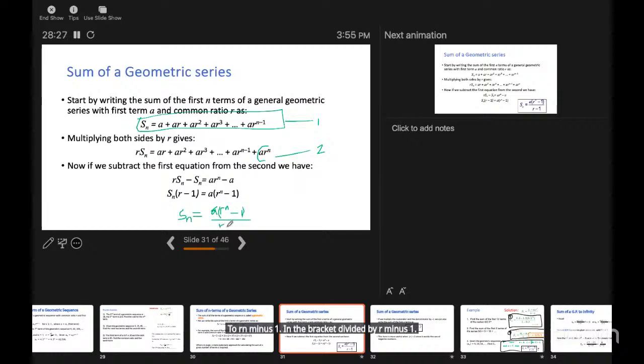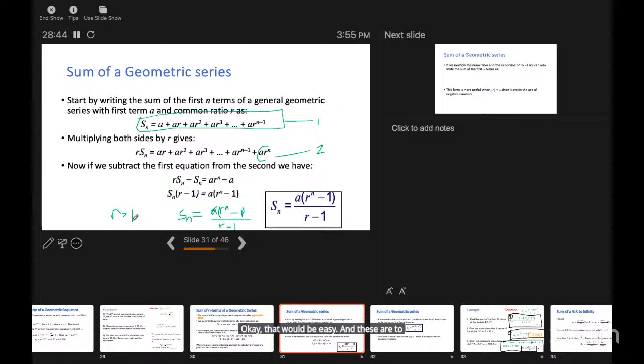So this is the formula that we use when R is greater than 1, when the common ratio is a positive number greater than 1. This is the formula that we'll be using, and this is how to derive that formula. And that is what is written here. Sn is equal to A(R^n minus 1) over R minus 1, where R is bigger than 1.